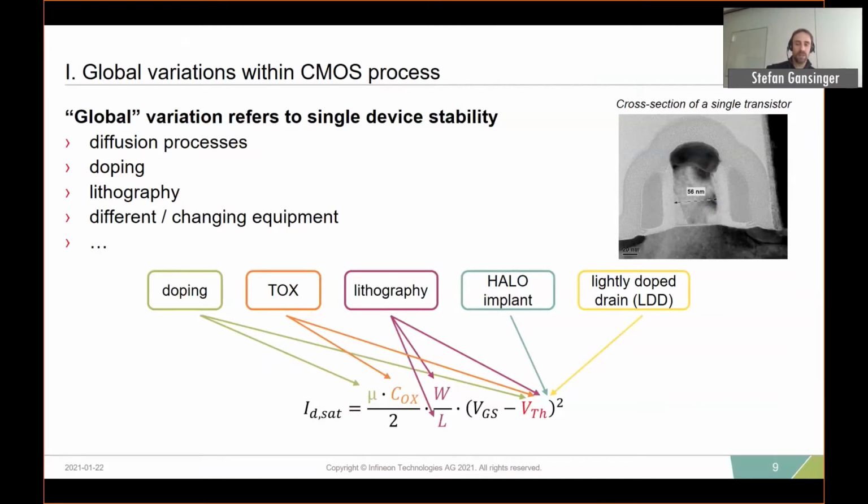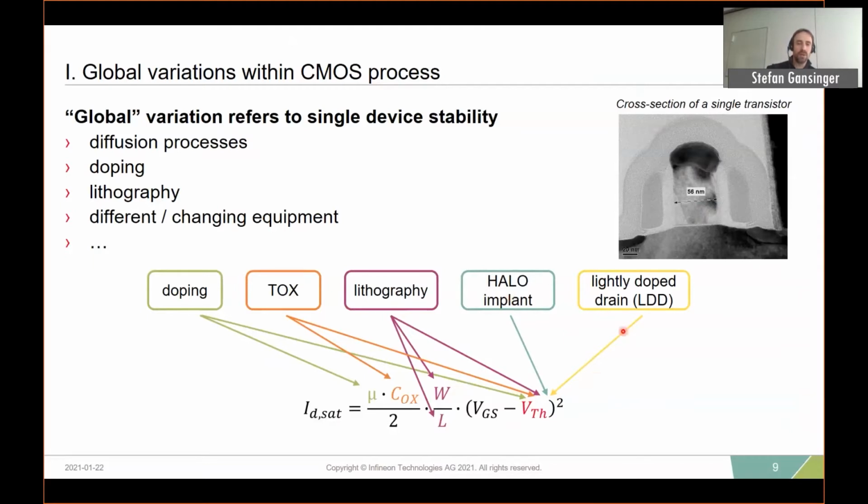Then we have the sizing, which is W and L, the width and the length. This is influenced mainly by the lithography, the optical process. And of course, we have the very important parameter, the threshold voltage. This is influenced by many process steps, so by doping, also by the halo, for instance, or by the lightly doped drain.